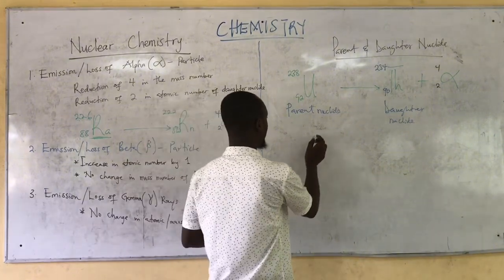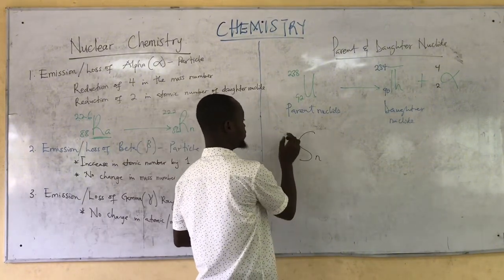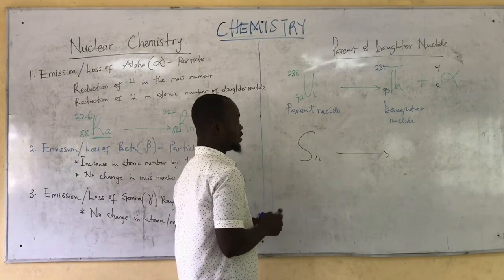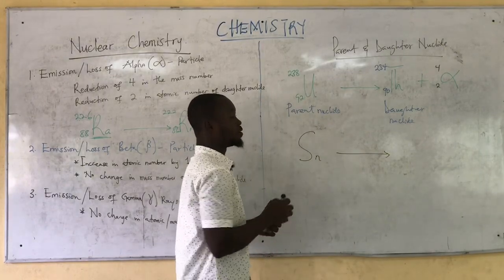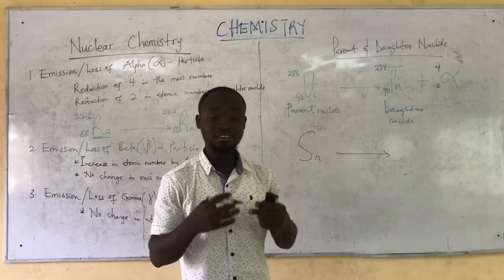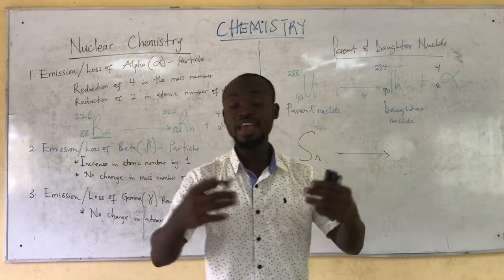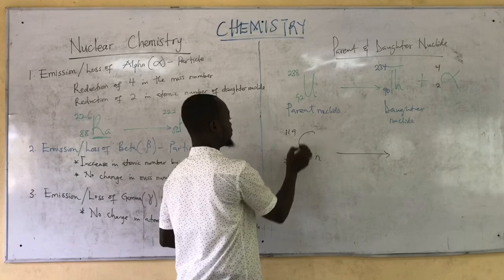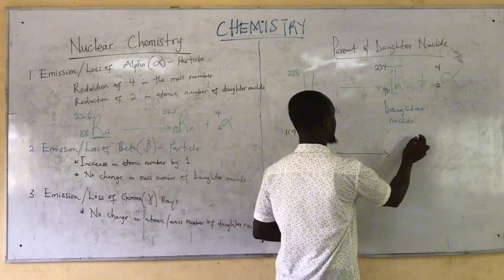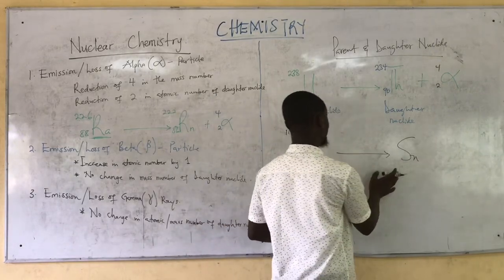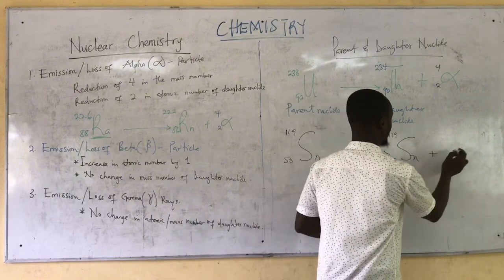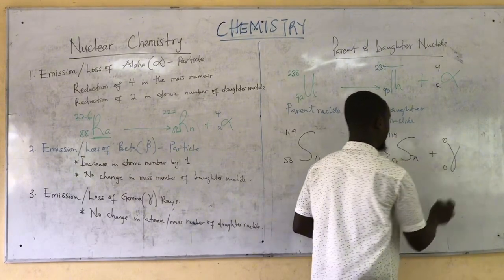So for example, if Sn is undergoing a gamma decay, or it is going to release a gamma radiation, it means that you are going to still get the same thing with the release of this gamma radiation.